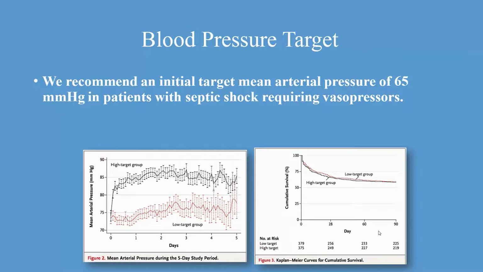But there was a study, and the graph shown on the left, that targeted a MAP of 85 versus a MAP of 65. But as you see in the curve on the right, there was no difference in mortalities. So that's why the guidelines chose to address this directly, to say, yep, shooting for a higher MAP strictly for the management of tissue perfusion in sepsis is really not necessary. A MAP of 65 is adequate.